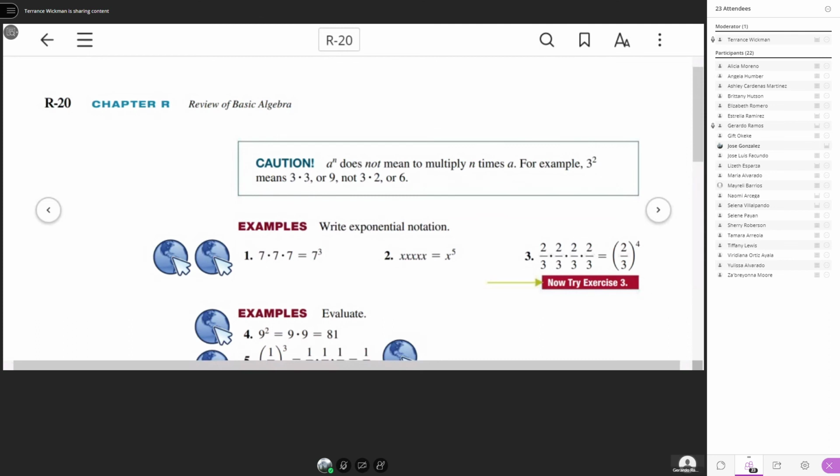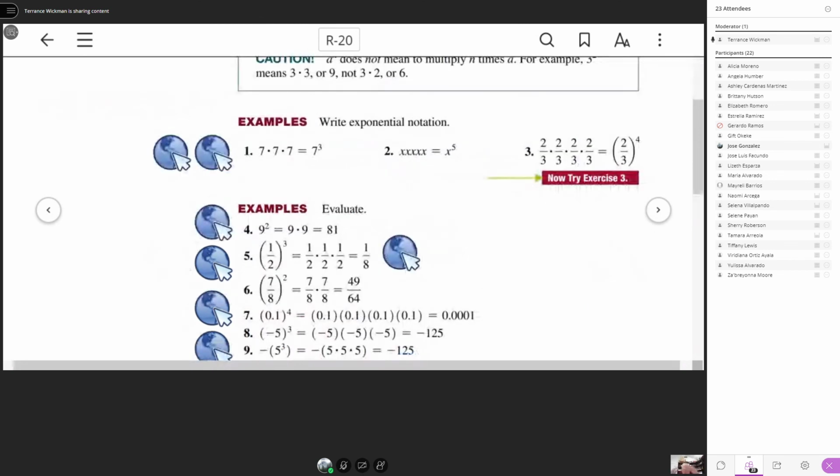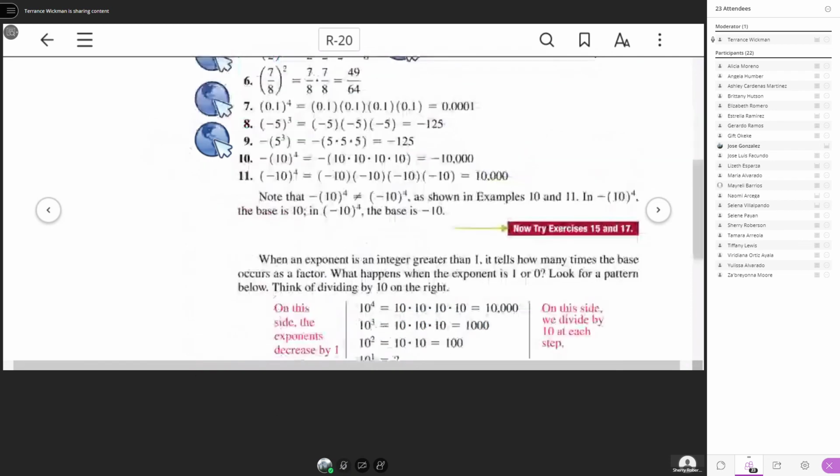Okay. Now, this one, you should really have your calculator. Seven to the third power. Did we show this on our calculators the other class by chance? No. Okay. All right.